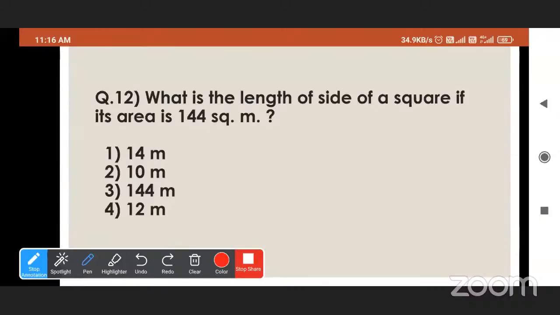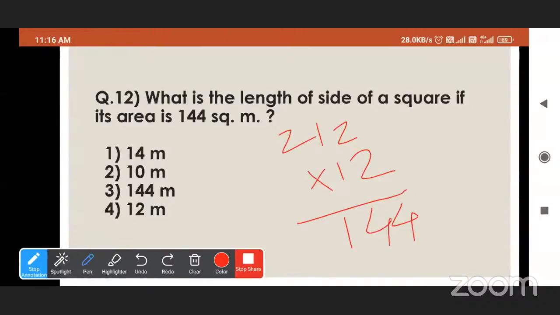Now if we multiply 144 by 144, then we will get a much bigger answer. That is incorrect. Now we will check the last one. If we multiply 12 by 12, now do this multiplication. Yes, sir. 12 twos are 24. 12 ones are 12. 12 plus 2, that is 14.